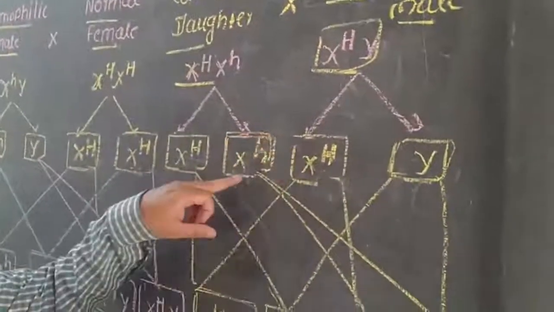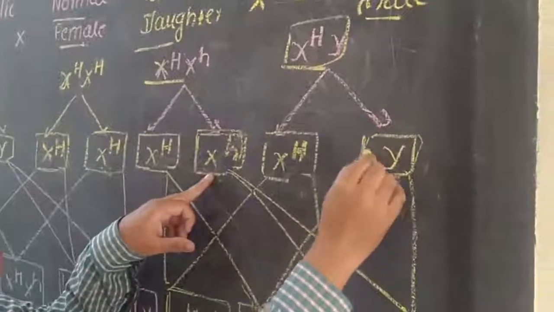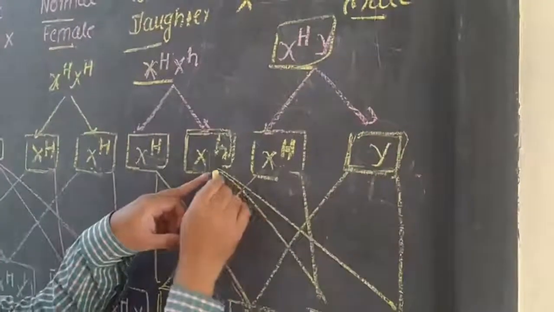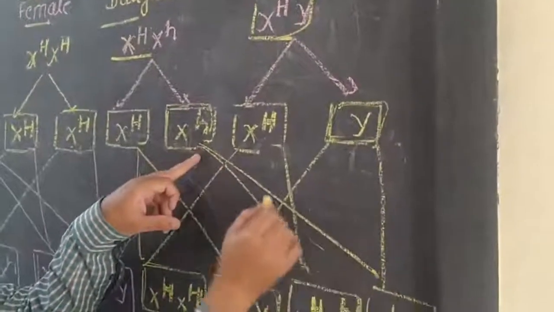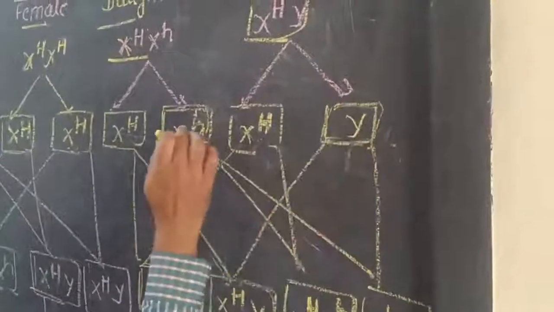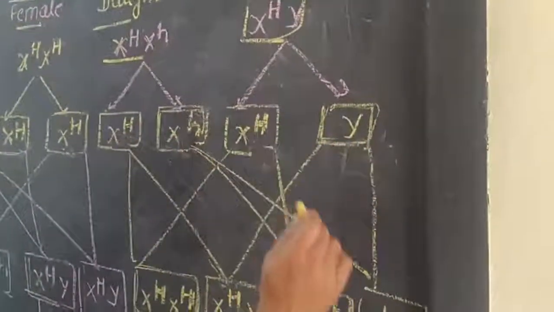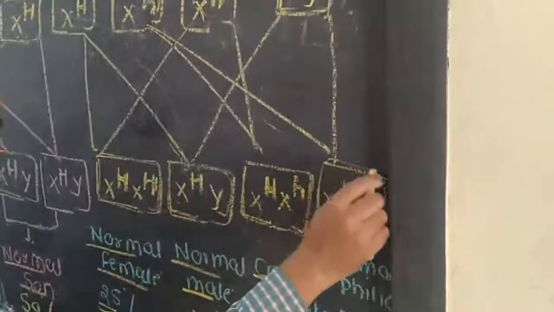This egg will be fused with the sperm which contains the Y chromosome. After the fusion of this egg and the sperm, what happened? A new offspring will be produced.